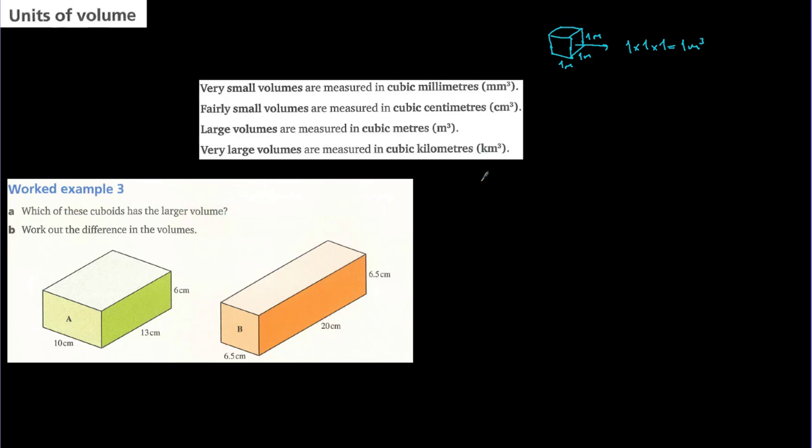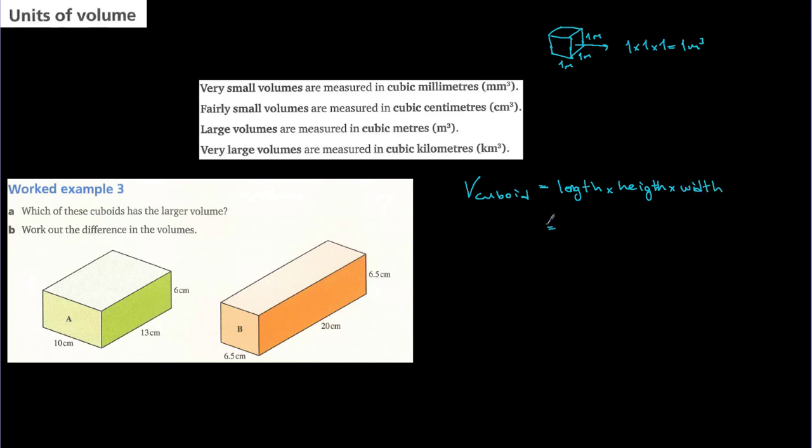Let me remind you about the volume of solids. Volume of cuboid is equal to length times height times width.